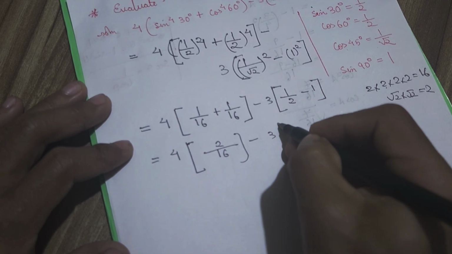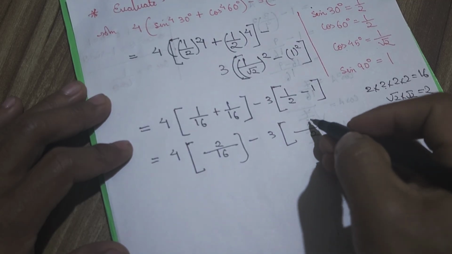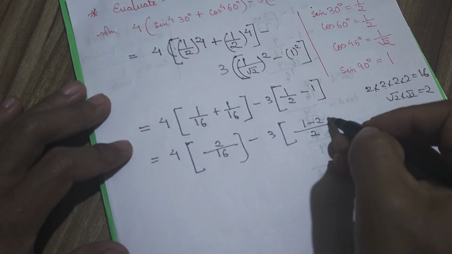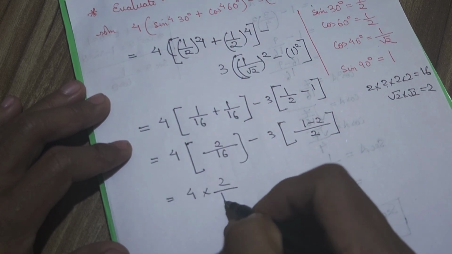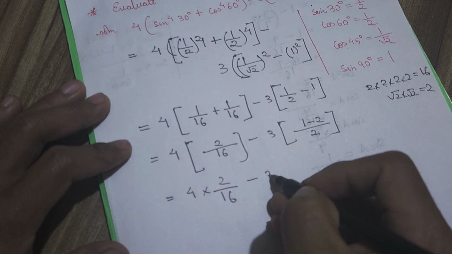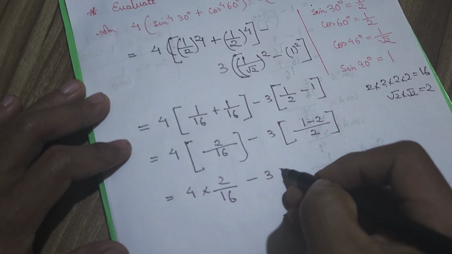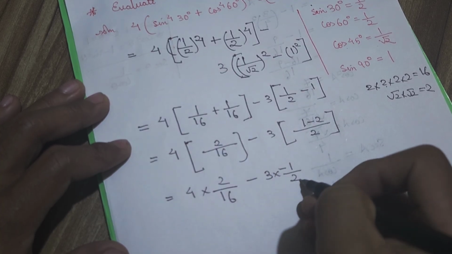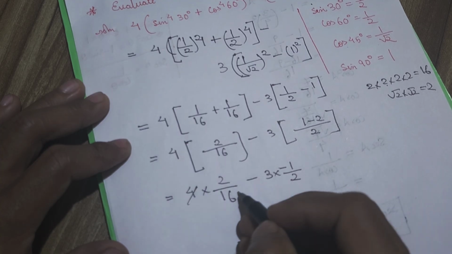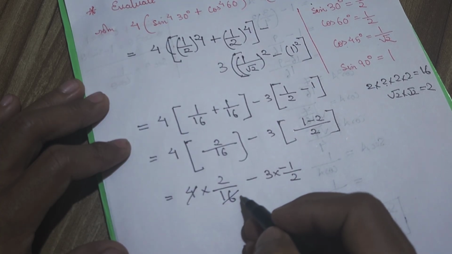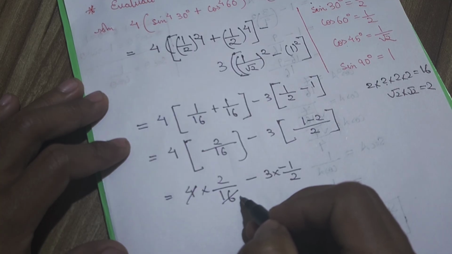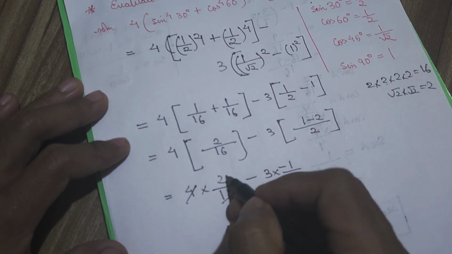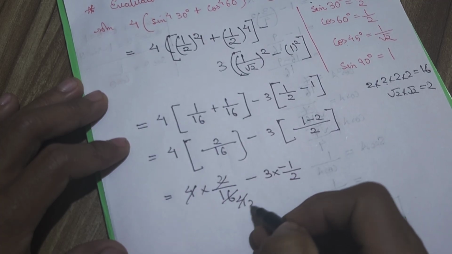Minus 3 by 2, minus 1. So 4 into 2 by 16 minus 3 by 2 minus 1, this is 2 by 16, 2 to the 4.